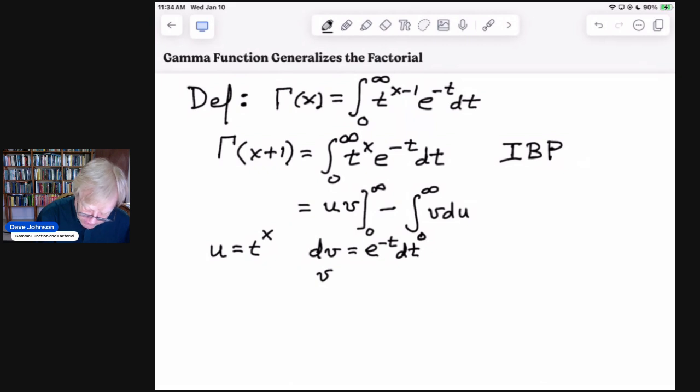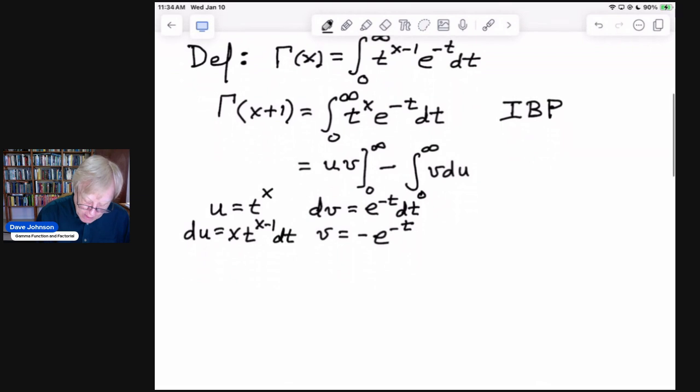And if we evaluate v, so integrating, we get negative e to the negative t. And if we differentiate u, now we're differentiating with respect to t, and so this is a power function. So du is equal to x t to the x minus 1 dt. And now we can plug in.